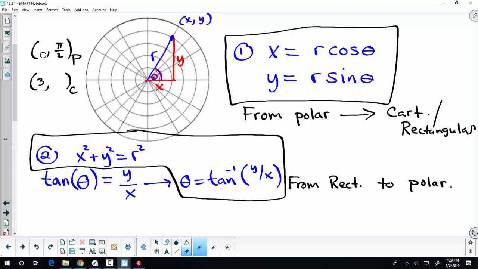Theta is, I guess, the y. Yeah. So we would need both here. You need r and theta to find both x and y. Here we would need x and y to find r and theta. Sorry if I didn't quite understand what you're asking.